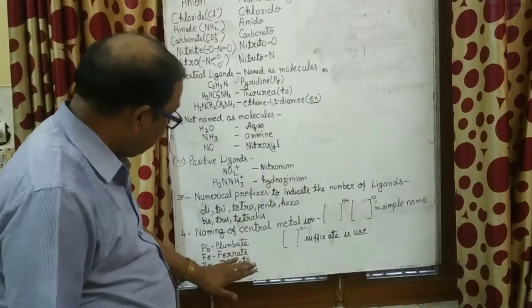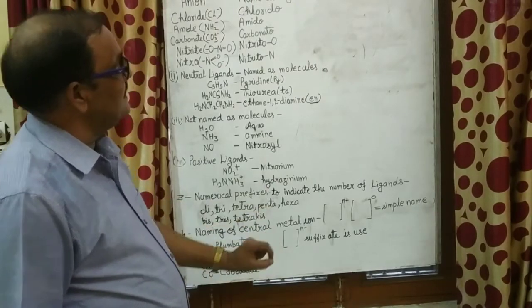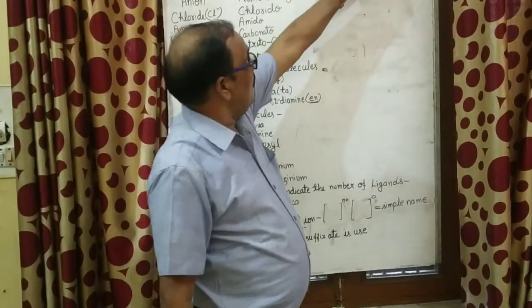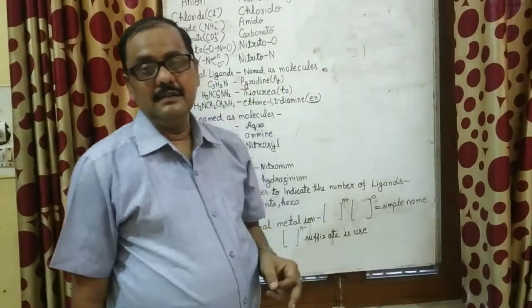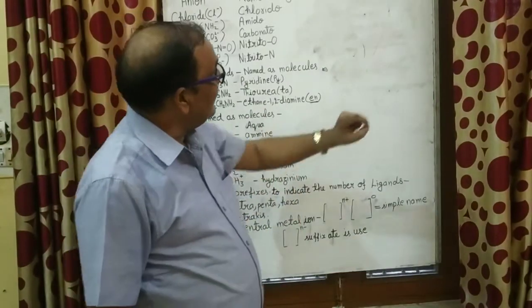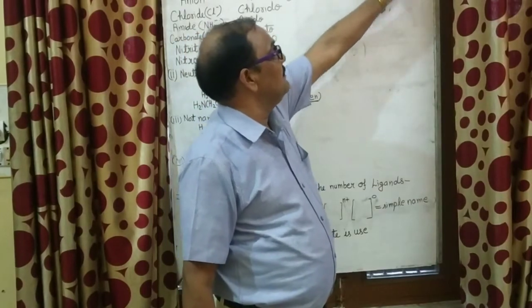Okay, and after the naming of the central metal ion, you must write the oxidation state of the central metal ion within brackets in Roman numerals, and at the end, if there is an anion, then write the name of the anion.